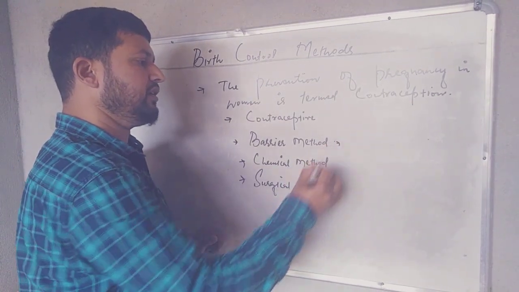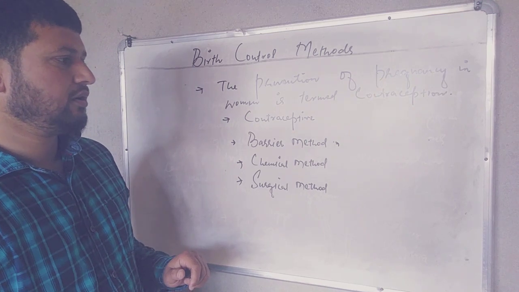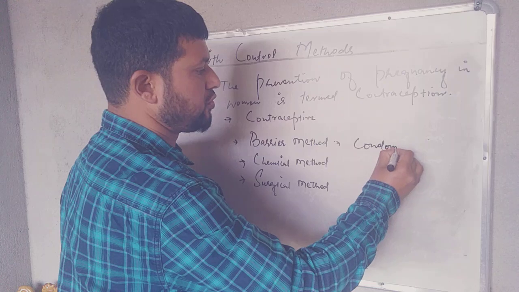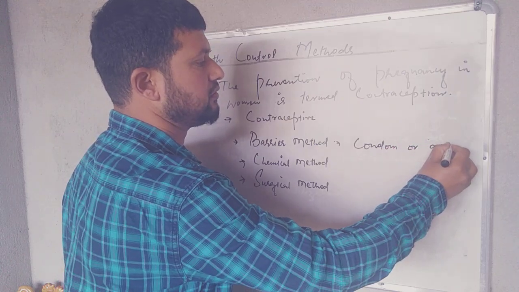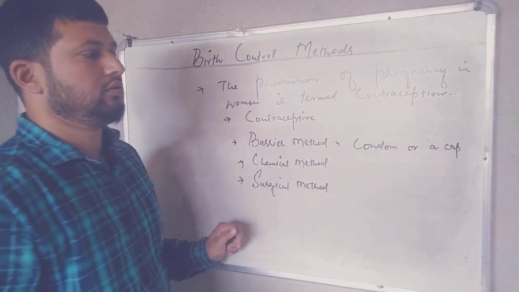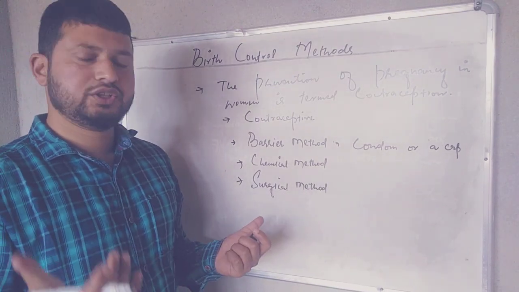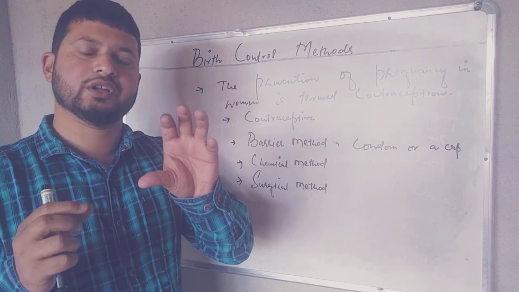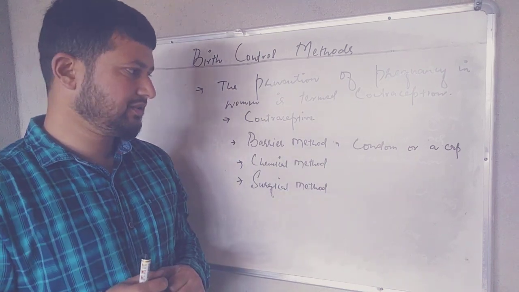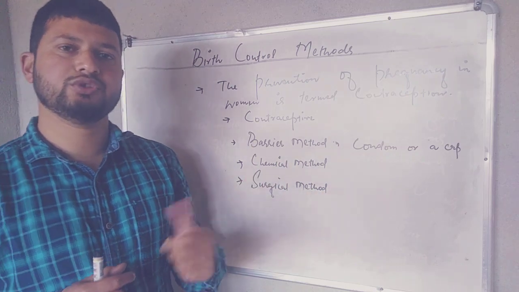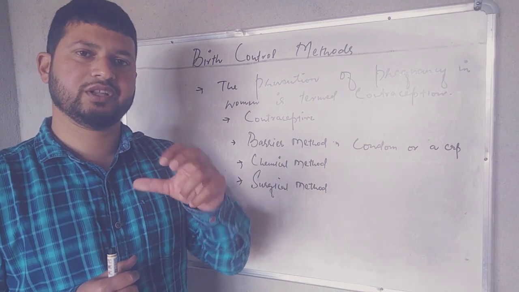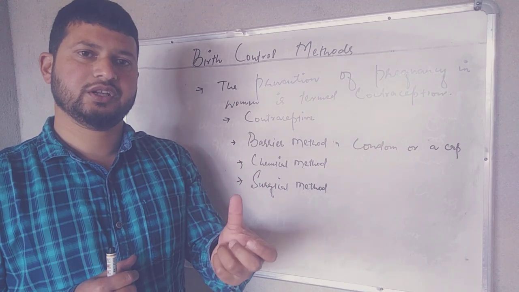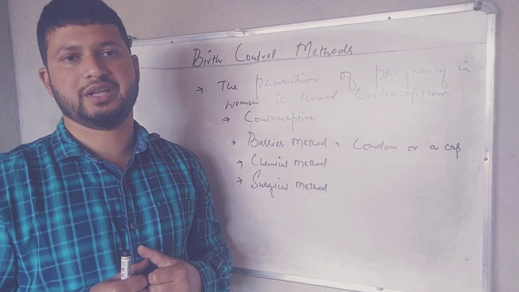In the barrier method, a condom or a cap or a diaphragm is used by males and females to prevent the fusion of the sperms and the eggs. The condom is usually used by males to cover their penis so that the sperms are collected in it and do not meet the eggs.